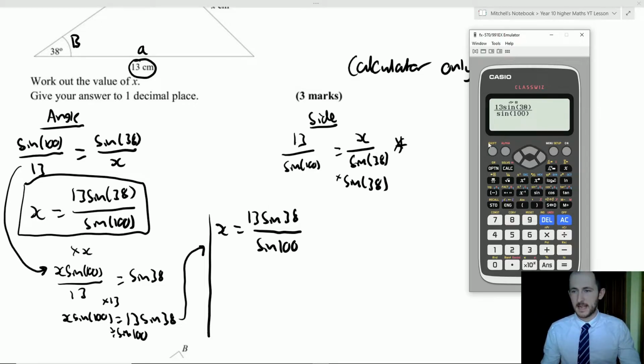I've entered this exactly into my calculator. I press equals and I get 8.127 blah blah blah. Chances are you're going to get a long decimal, so I would always round to 3 significant figures, which is 8.13.